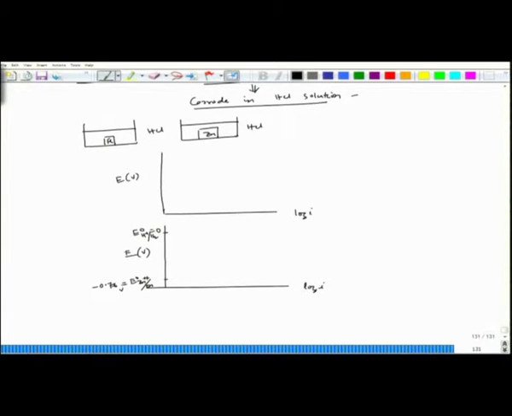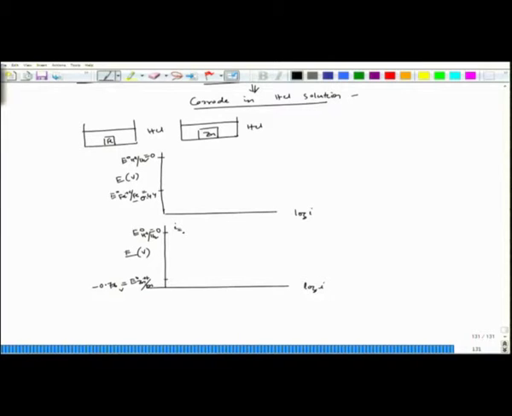This is in case of zinc, and this is for E0 of H+/H2 equal to 0 in case of iron, and here E0 of Fe/Fe2+ is equal to minus 0.44 volt.